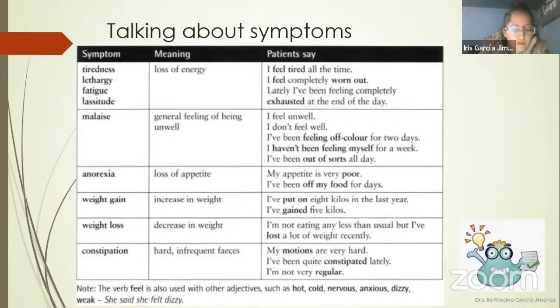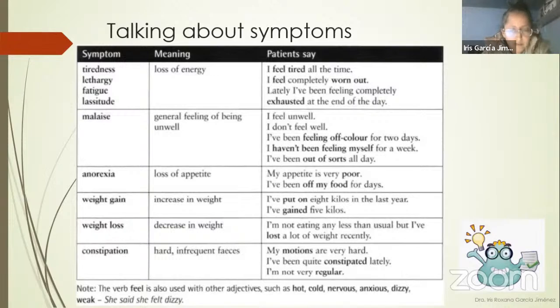Why is this important? Because while writing the clinical history, the medical report, the case report, you have to use medical terminology, not the expression of the patient. Sometimes we can use the expression of the patient if it could be confusing, and it could be a very important tip how the patient expressed that idea, but it's not a usual situation.